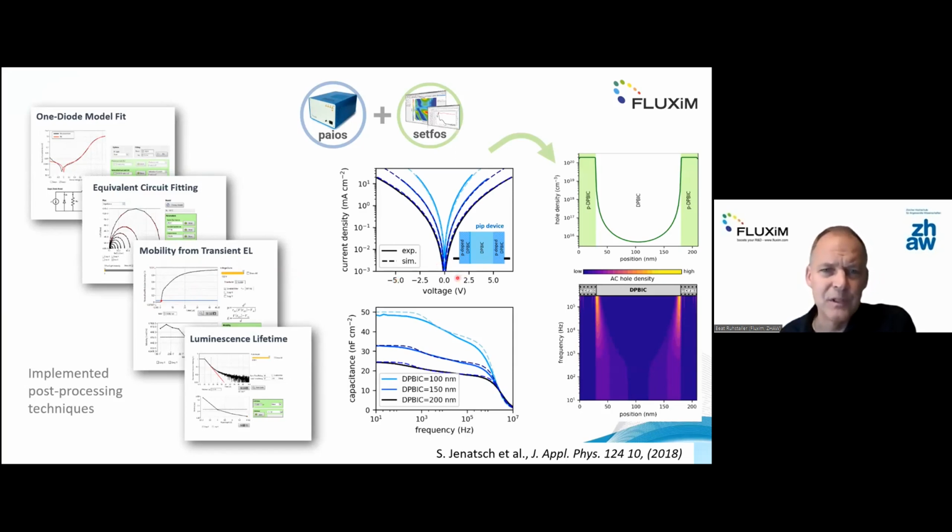So once you fit the JV curve, and in this case capacitance frequency data of a PIP device with 3 different thicknesses, you actually can dive into the cross-section of the device. Here you see the steady state charge distribution in this PIP device at a given voltage offset.